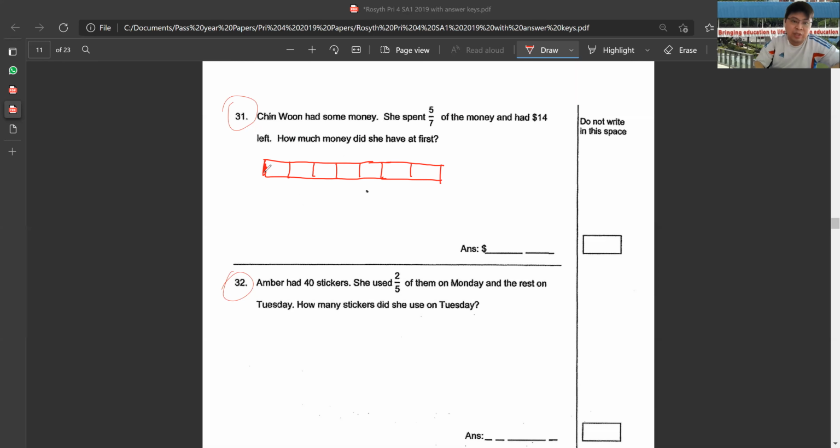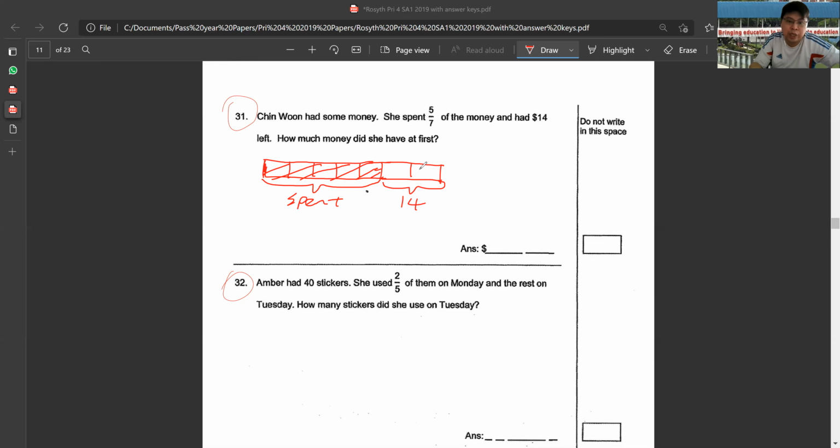Spend 5/7. Then you shade 5/7 of it. You shade 5 boxes. So he spent this amount, right? So this is left, right? 14 left. So how much money did she have at first?